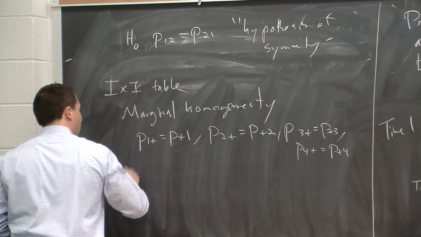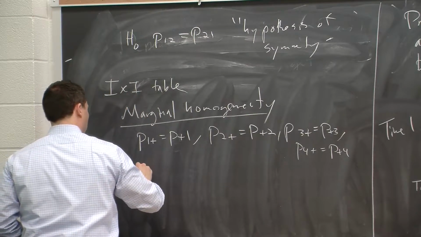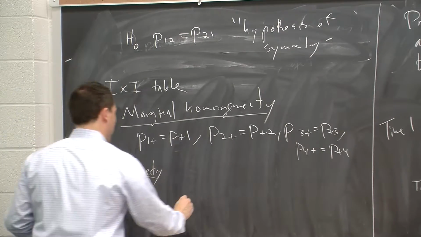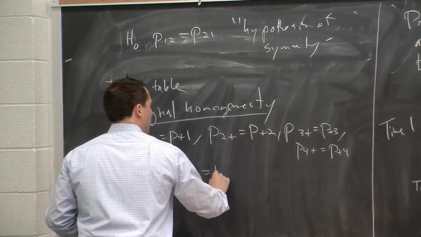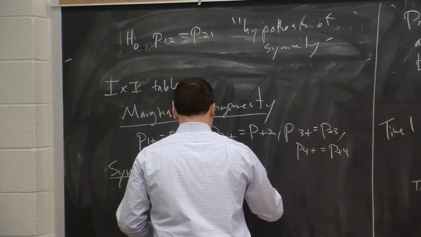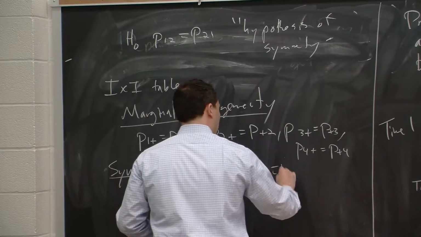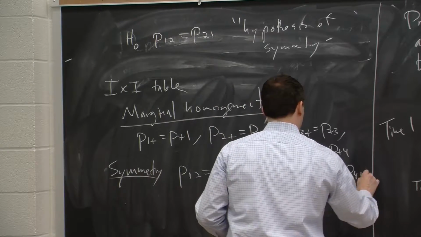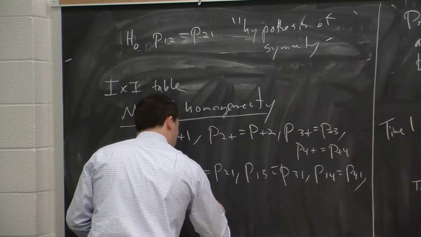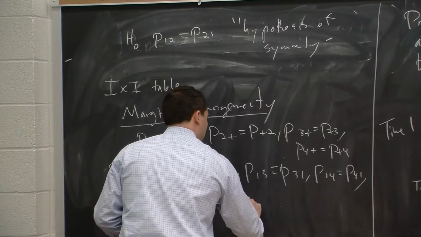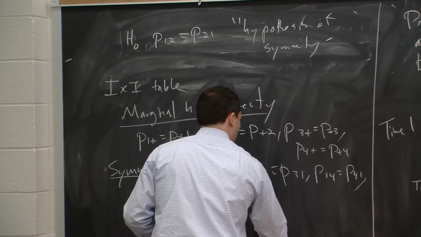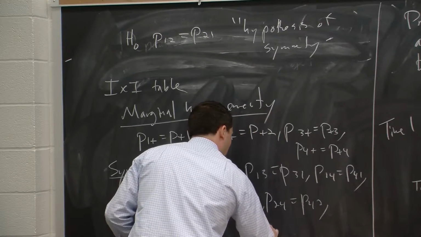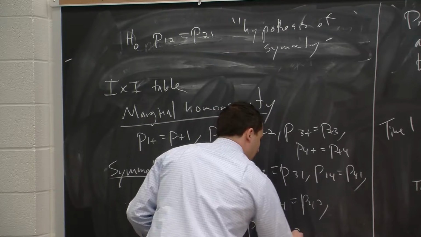Then symmetry would be the assumption that P12 is equal to P21, P13 is equal to P31, P14 is equal to P41, P23 is equal to P32, P24 is equal to P42, and P34 is equal to P43.